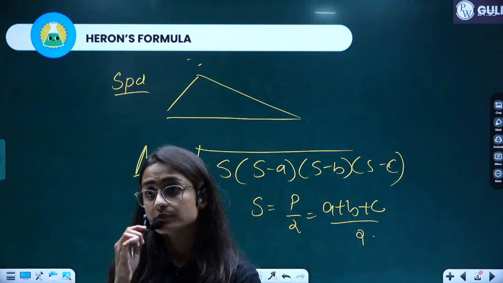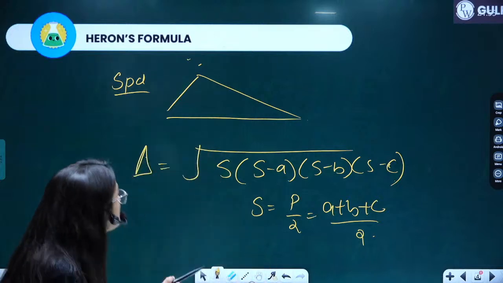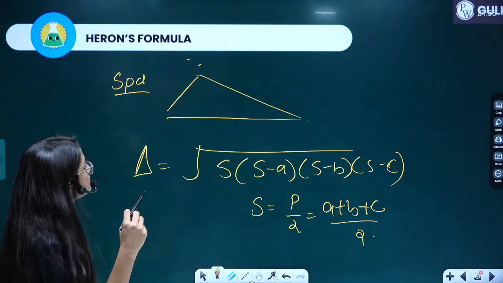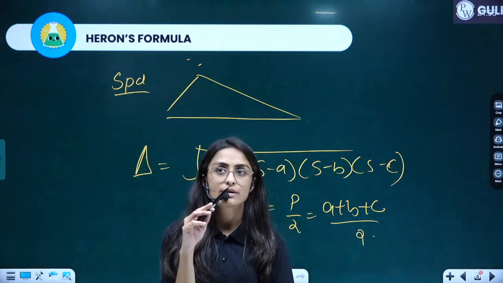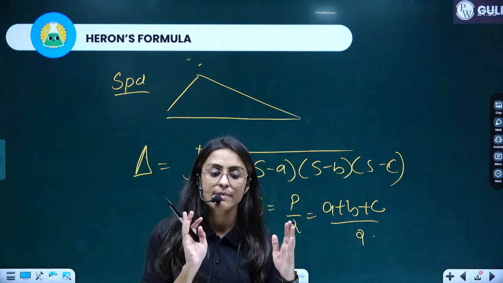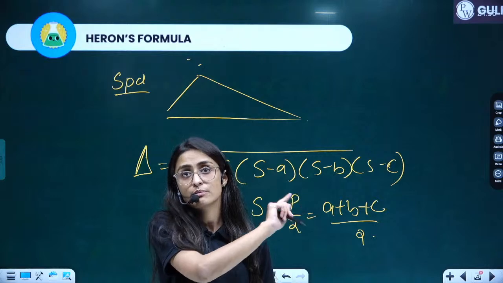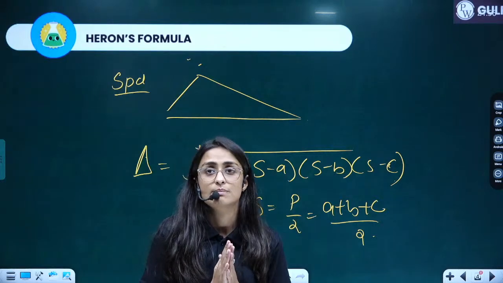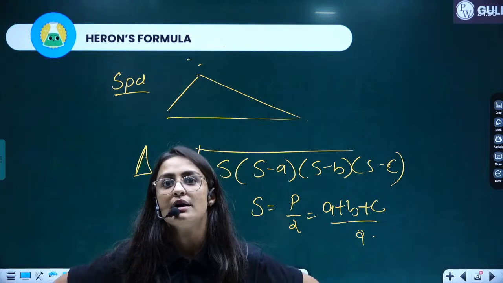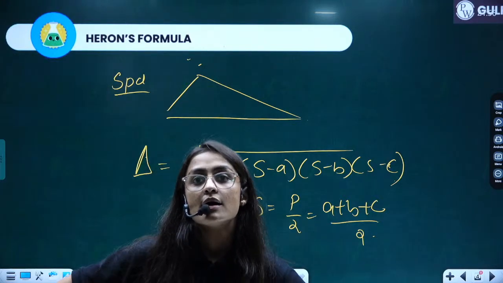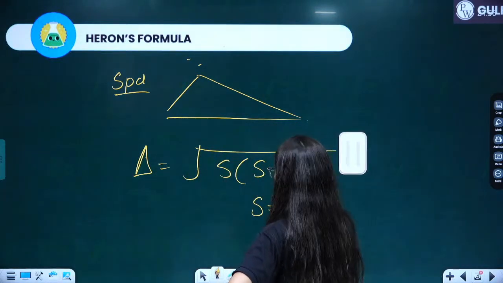Yes, Asher. Perimeter multiplied by s, perimeter minus side. Yes, there is. I've written.